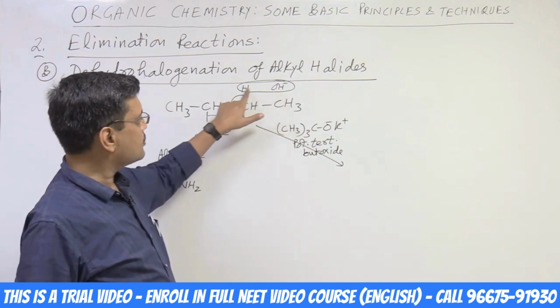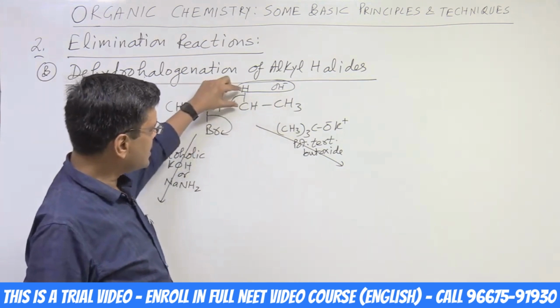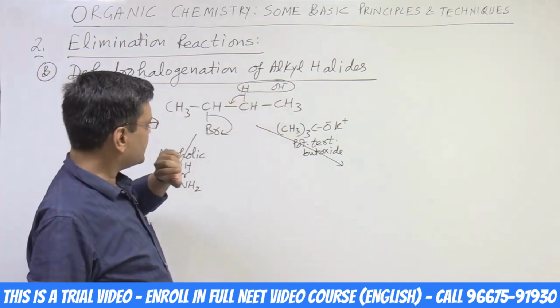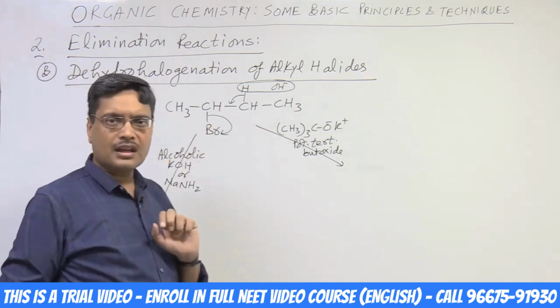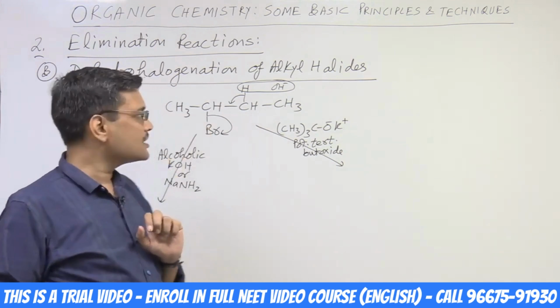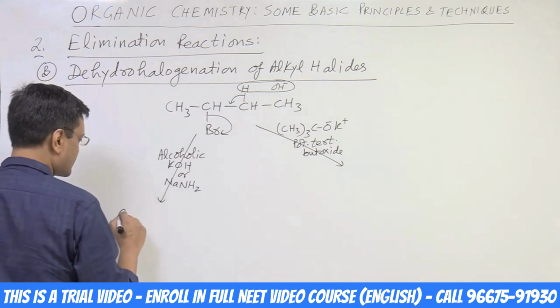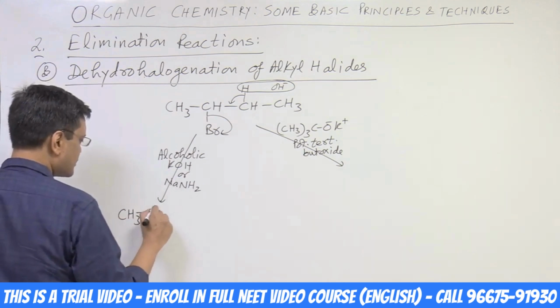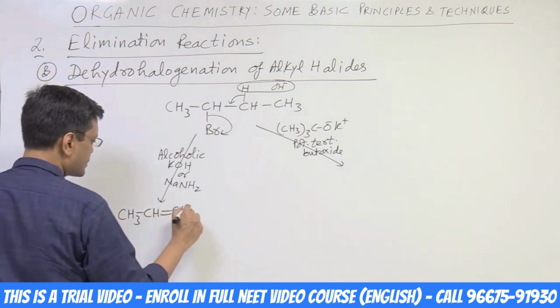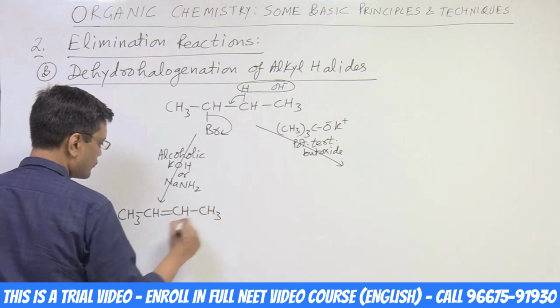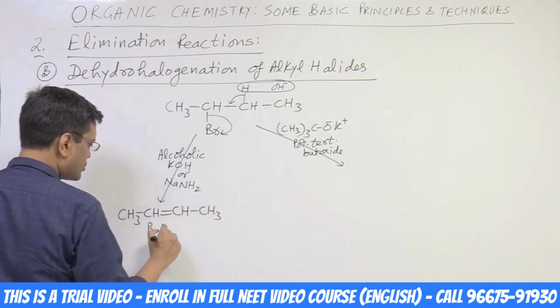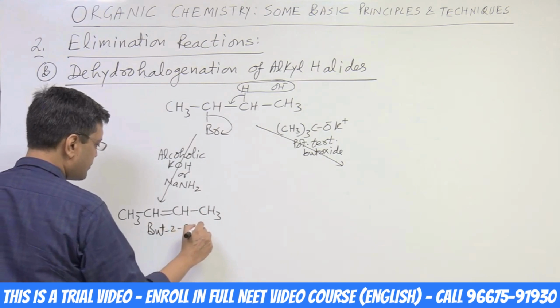OH minus ion removes this H and the CH bond shifts here, and Br minus is eliminated. And we get CH3CH double bond CH3, but-2-ene, as the major product.